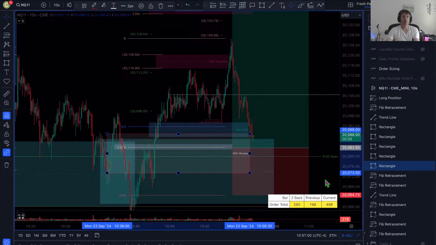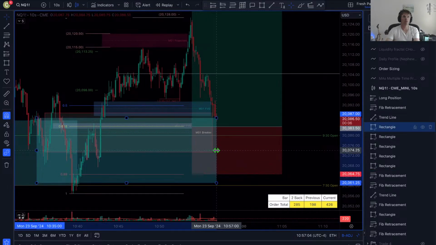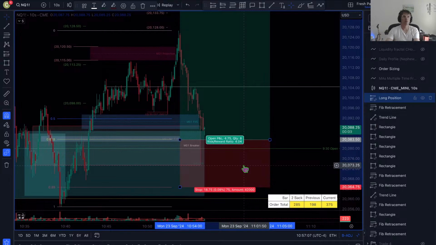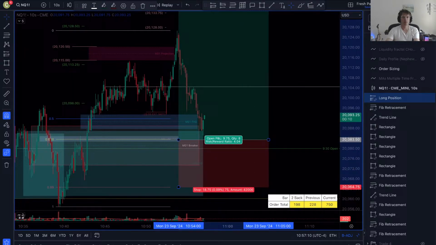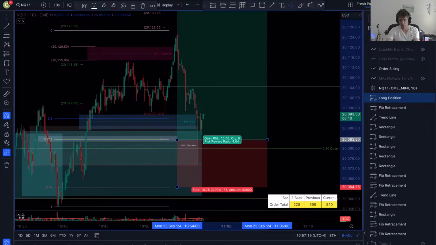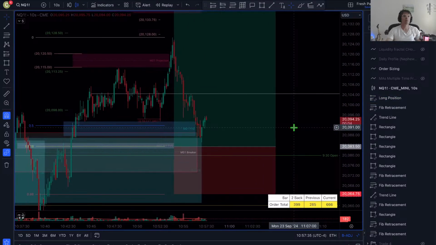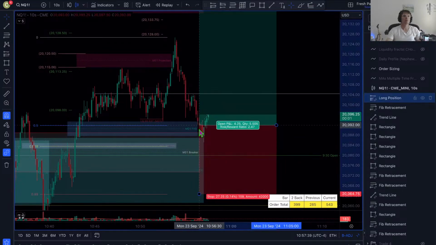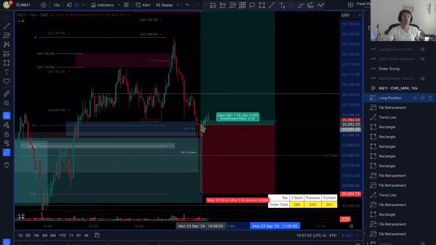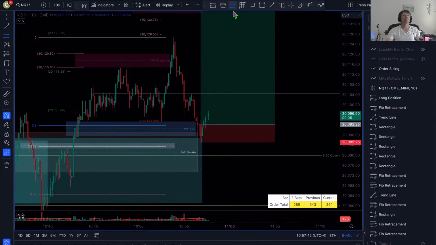That's going to be the 5-minute fair value gap. I mean, order block. A little slow here.